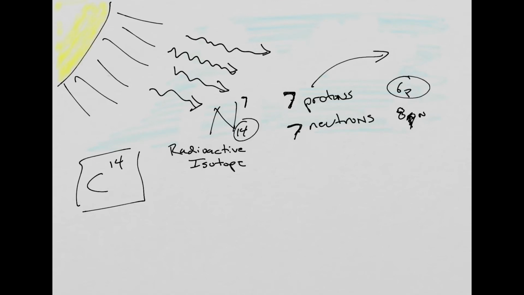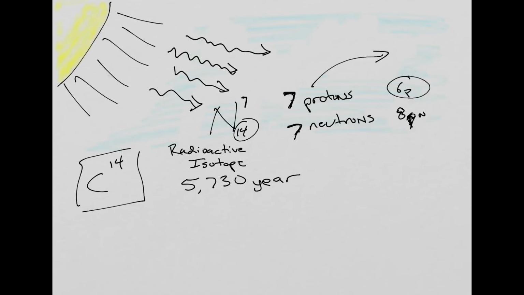The amount of time it takes for that to occur is referred to as its half-life, which is 5,730 years. About every 5,730 years, about half of these carbon-14 atoms that were created will convert back into nitrogen-14. This is an ongoing process.